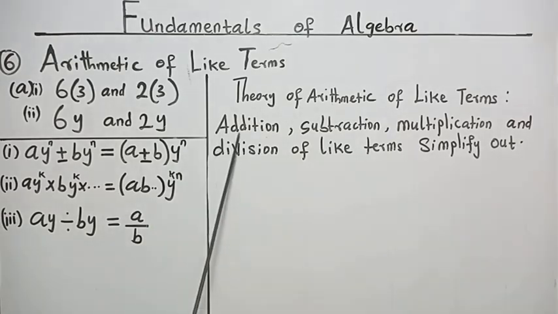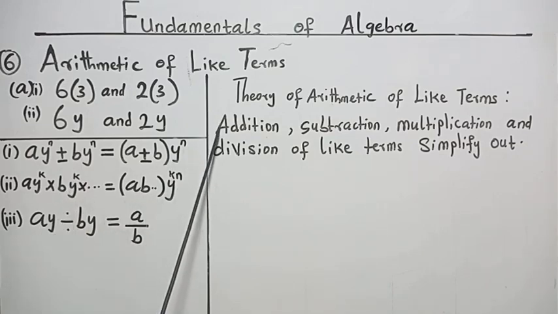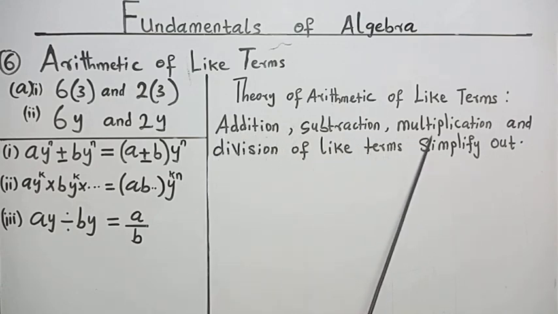This statement is made after we observe what we did to use these laws to carry out number operations in like terms. So this statement is like consistent observation made as we applied these laws. The law states, or the theory states, addition, subtraction, multiplication, and division of like terms simplify out.